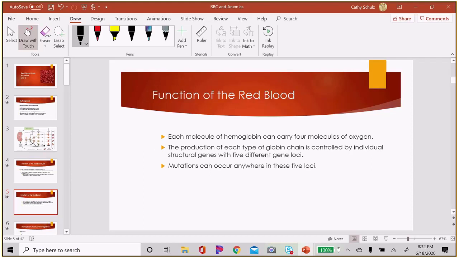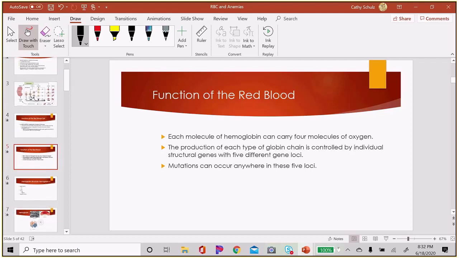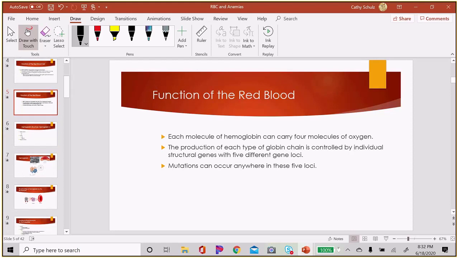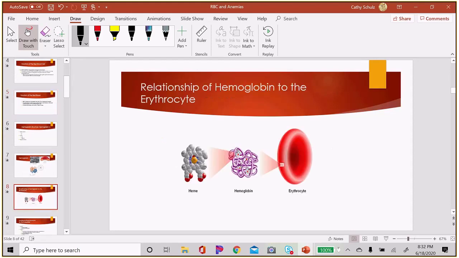Each molecule of hemoglobin can carry 4 molecules of oxygen. I want to show this picture because it was a huge, mind-blown thing for me when I went back to school.